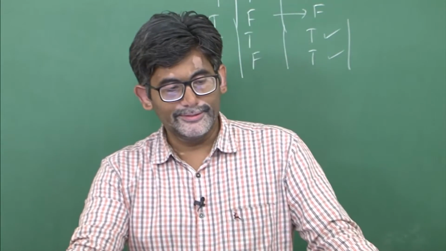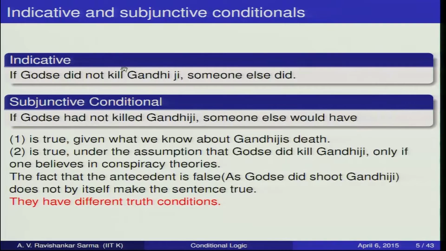Now these are the two different types of conditionals that we commonly come across in our day-to-day discourse. The first one is an indicative conditional, because it has the indicative mood in the sentence. If Godse did not kill Gandhiji, someone else did, assuming that this is the first sentence. Its corresponding subjunctive, or counterfactual, conditional is this: if Godse had not killed Gandhiji, someone else would have.